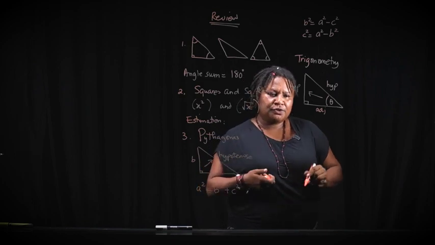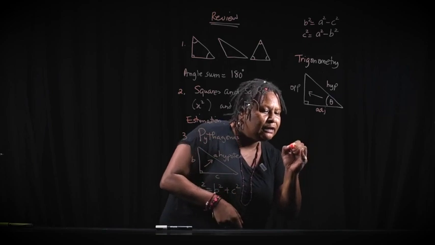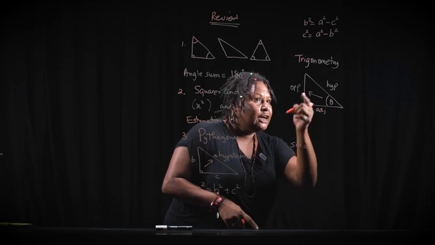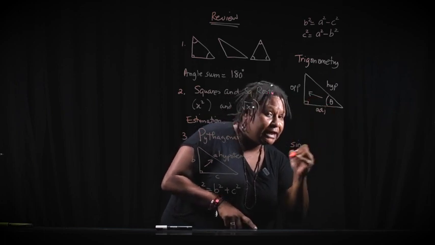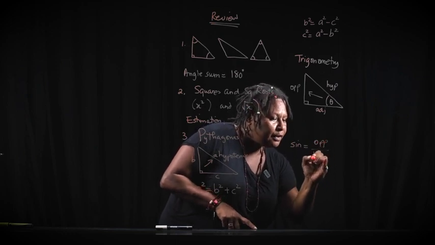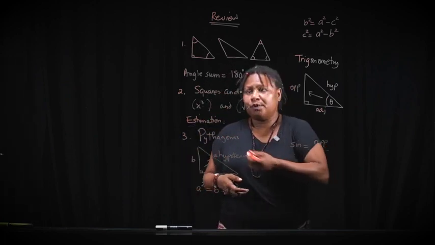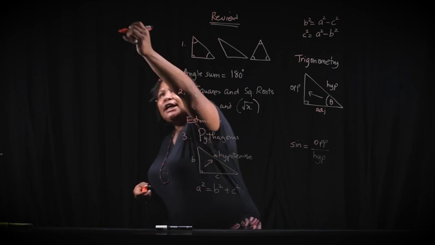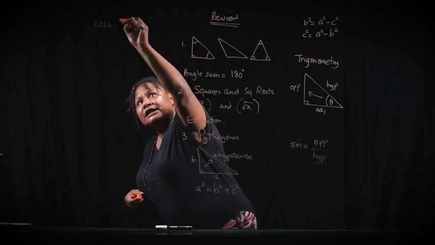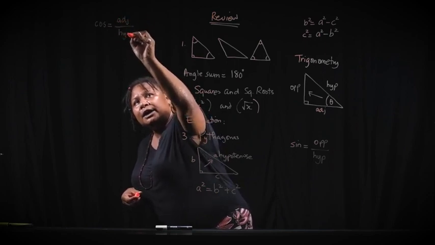Those three ratios are known as the sine ratio, which is a ratio of the opposite over the hypotenuse. Then we have the cosine ratio, which is the adjacent over hypotenuse.